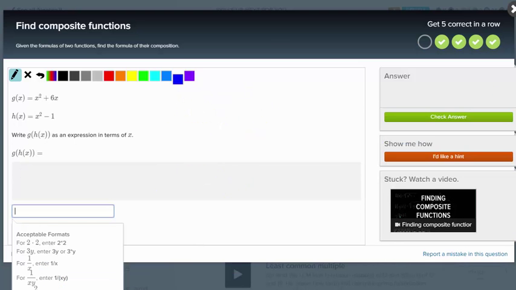Alright, see if we can finish this one out strong. So we have h of x, and this would be a hard one, wouldn't it? h of x is x squared minus 1, and now I need to find g of h of x. So I need to put x squared minus 1 in for both x's in g. So instead of x squared here, it's going to be (x squared minus 1) squared.